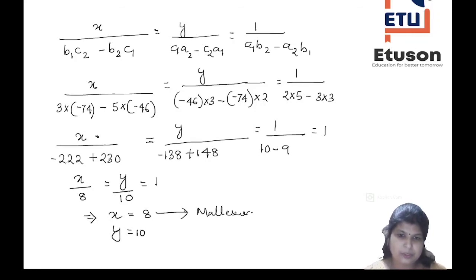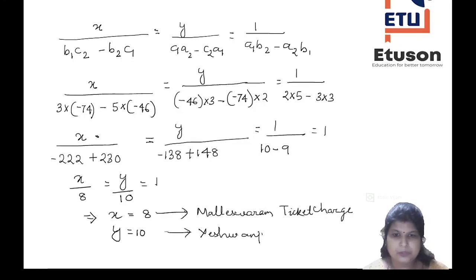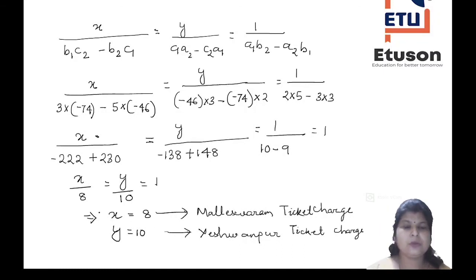So this is the Malleswaram ticket charge, and this is the ticket to Yeswanpur, the Yeswanpur ticket charge. Correct? So by using your cross multiplication method, you can solve the pair of linear equations.